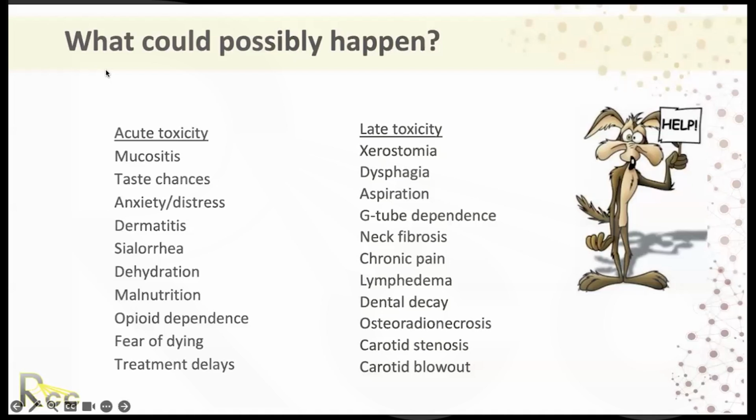The last couple of late side effects are thankfully rare, but really, really serious. So carotid artery injury, where patients develop either a pseudoaneurysm or an aneurysm, and in worst cases, blowout. Again, not a very common side effect in the upfront de novo setting of radiation, but definitely a significant side effect to think about in re-radiation.